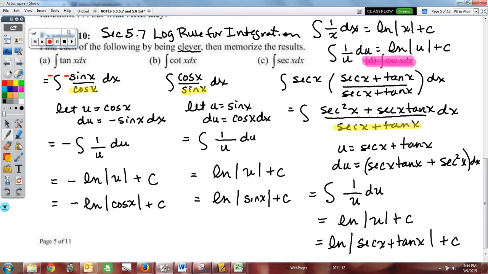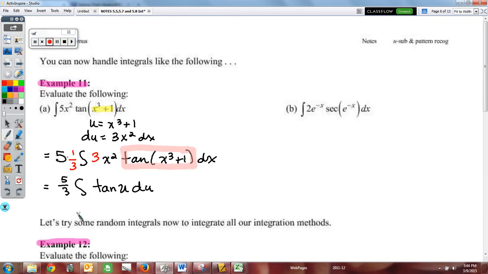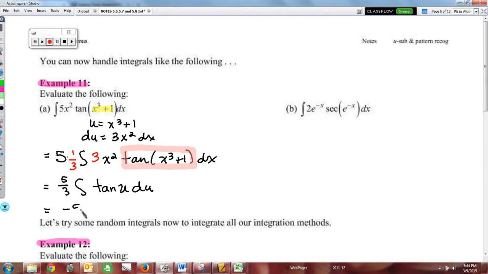So negative 5/3, bring your constant, natural log absolute value cosine of u, which is going to be x cubed plus 1, and then of course plus your c. So at this point you do your u substitution, you reveal what rule you're integrating under, which is a tangent of u integration, and then hopefully you've memorized the rule that we discovered last time.